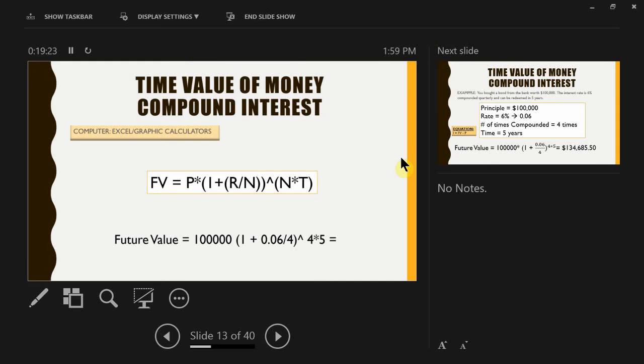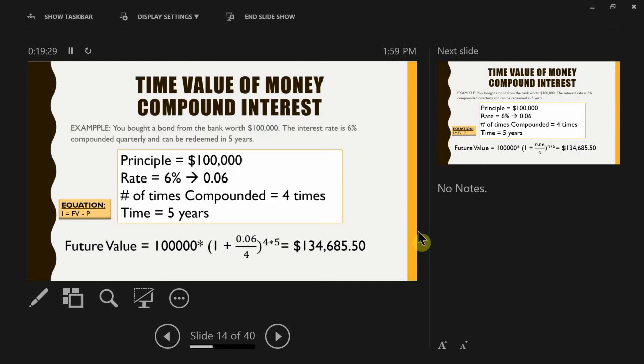Once you type that into your formula or into Excel, you're going to get that the total future value is $134,685.50. Okay.